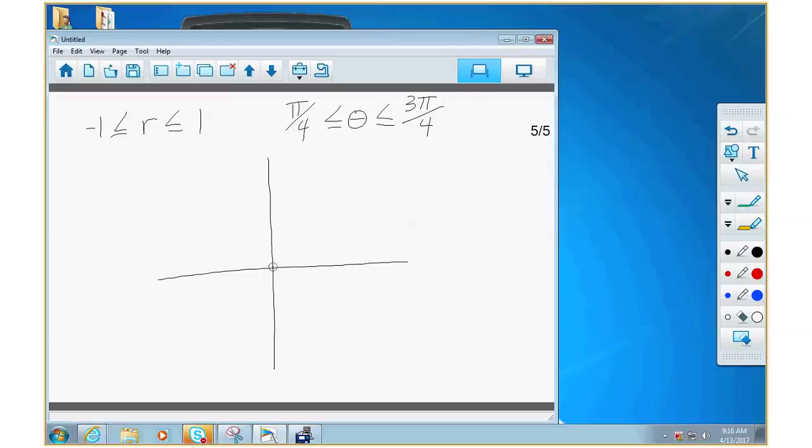So I'm going to draw a dashed line there. And then 3 pi over 4 is right here. And my radius is 1, so here and there.